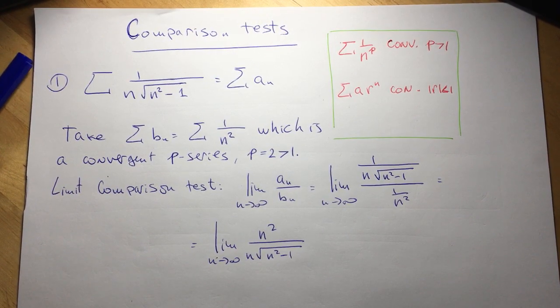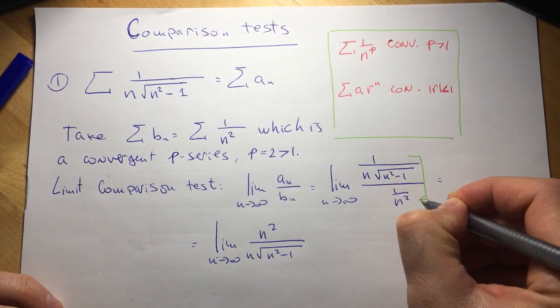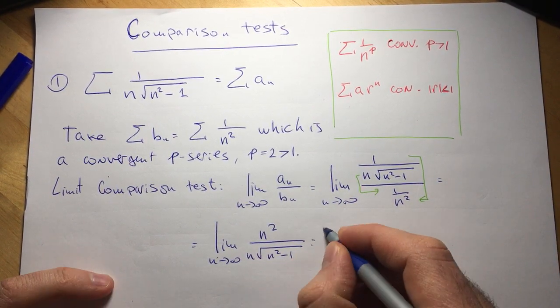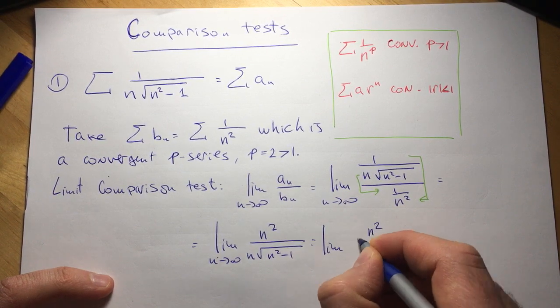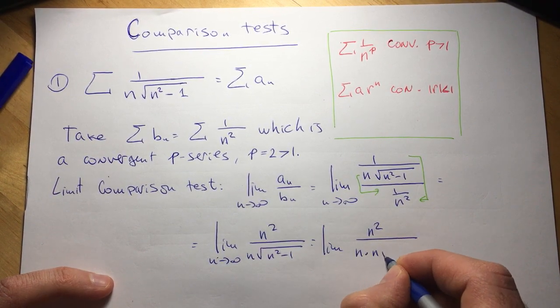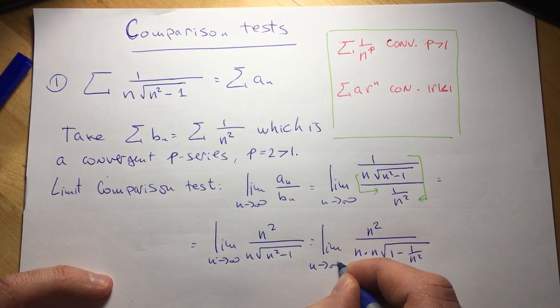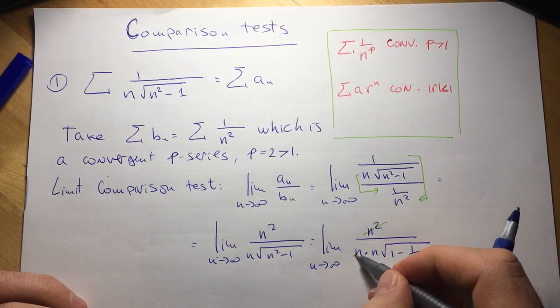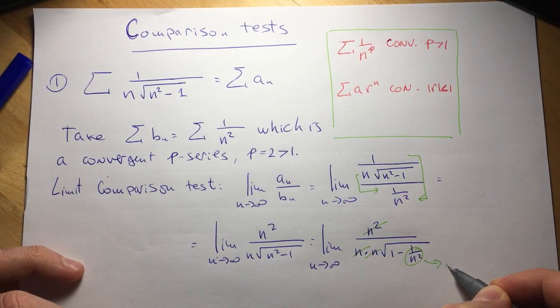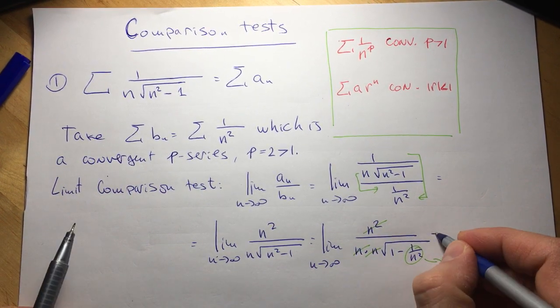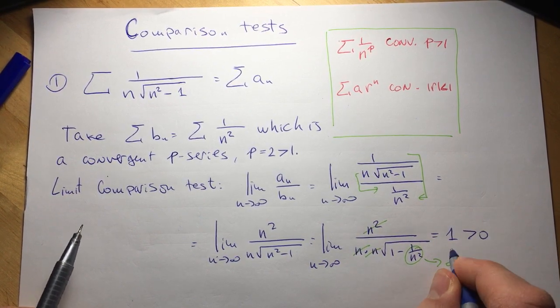I have this element times this, divided by this times this. Factor out n squared from here: n squared over n times n square root of 1 minus 1 over n squared. As n goes to infinity, we obtain 1, because 1 over n squared goes to 0. So this limit is equal to 1, which is greater than 0.